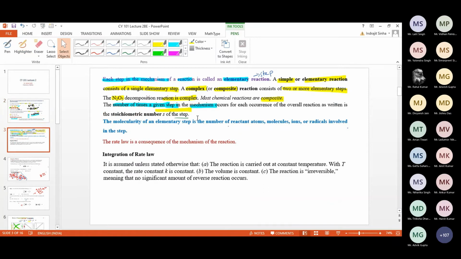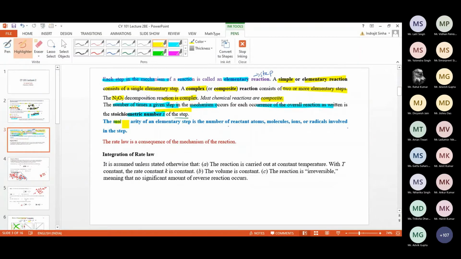So the number of times a given step in the mechanism occurs for each occurrence of an overall reaction is known as the stoichiometric number S of the step. It is not important. It is just a way to describe what is happening. This particular sentence is not important. Okay. But the next sentence is very important.